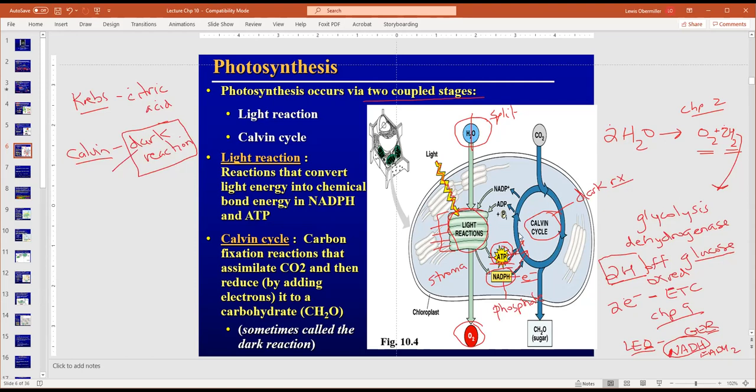In the Calvin cycle, what happens is plants take in carbon dioxide out of the air, and they combine it with a sugar called ribulose biphosphate. This slide's getting super busy, but what you need to know is that ribulose is similar to ribose, like in DNA.